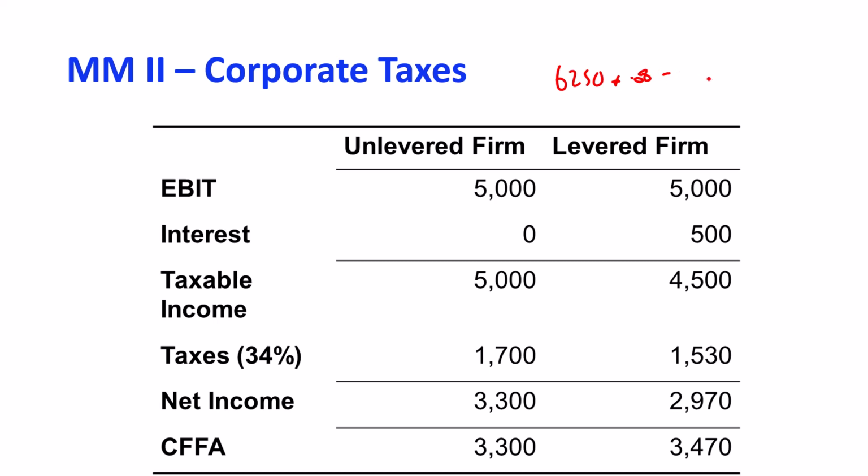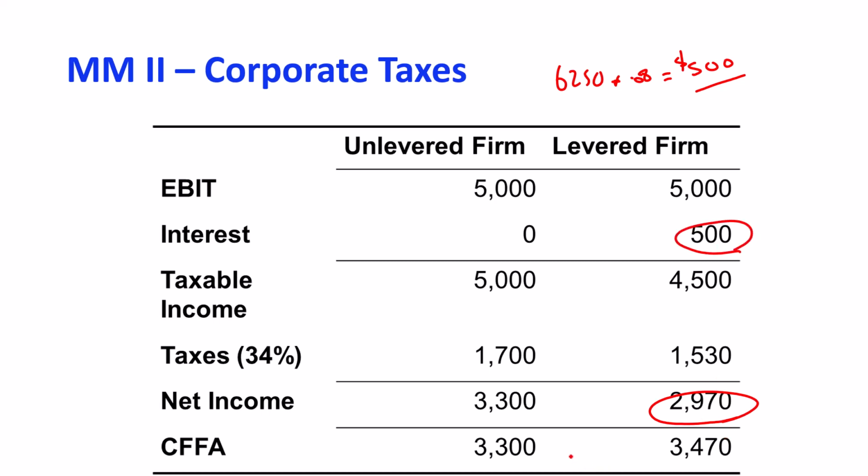So the amount of interest is going to be $500. We have $500 here for the interest, which lowers the taxable income of the levered firm. So the total taxes paid by the levered firm is less than the taxes paid by the unlevered firm, and the net income of the levered firm is of course lower because they have to pay this interest.